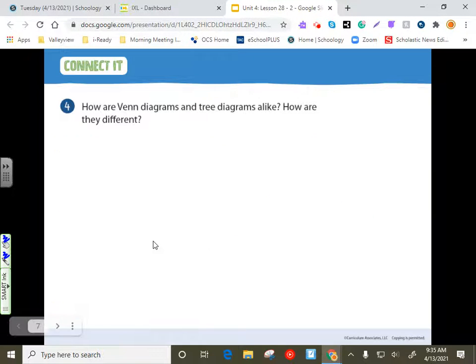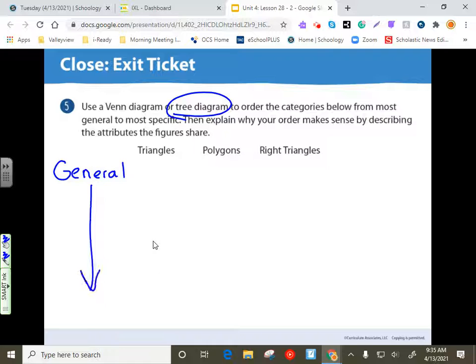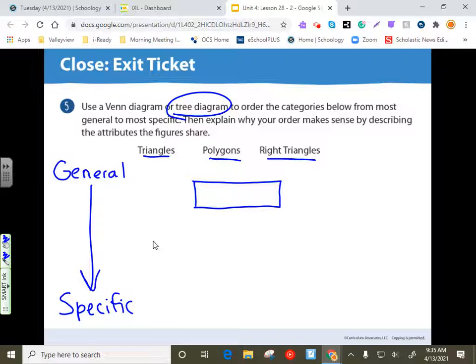So for this last note, use a Venn diagram or tree diagram. I like that tree diagram a lot better in order to order the categories below. As a reminder for me, I put general over here as the top, and then I'll have the most specific here at the bottom. I've got these three to talk about. Before I get ahead of myself, let's do three boxes.